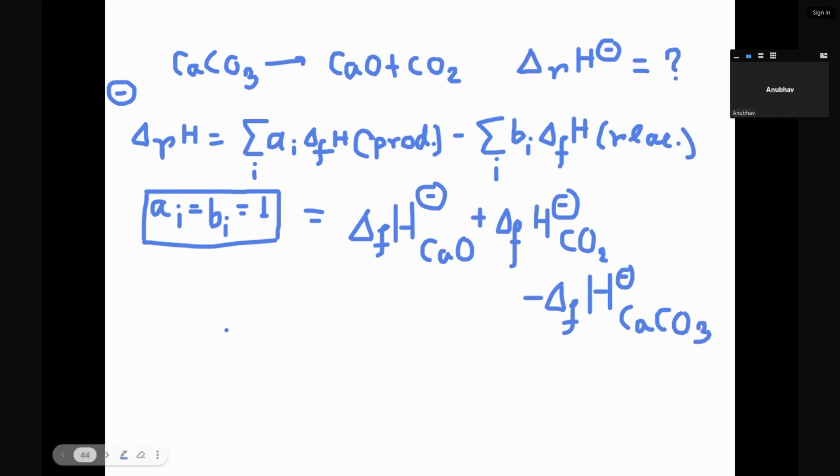So if we put the values from here, what is the delta fH minus of calcium oxide, what is the value for CO2, and what is the value for calcium carbonate? We will put the values over here: minus 635.1, minus 393.5. This value will be given to you in the examination, where you will be easily able to put this and solve the equation, and minus of minus 1206.9.